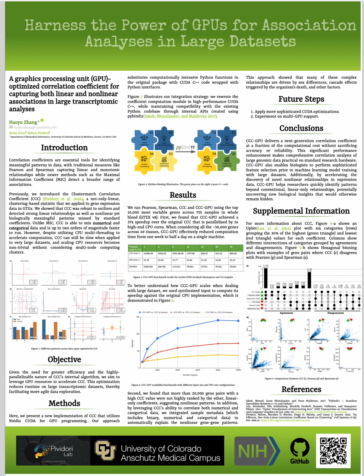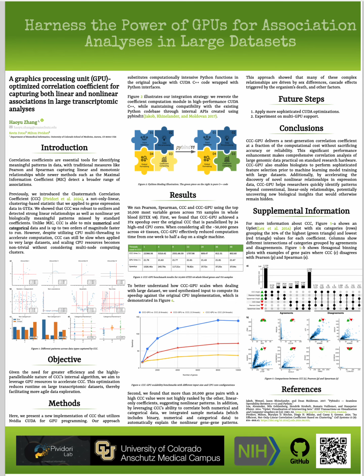Okay, finally, we come to the conclusions. In essence, CCC GPU delivers a next-generation efficient correlation coefficient without sacrificing accuracy and reliability. This performance enhancement makes comprehensive correlation analysis of large number of data practical on standard research hardware.